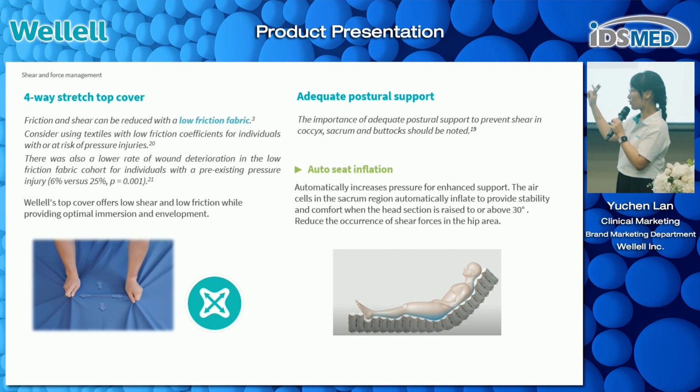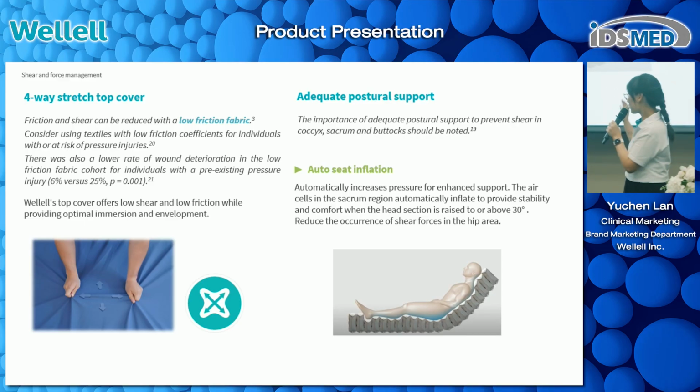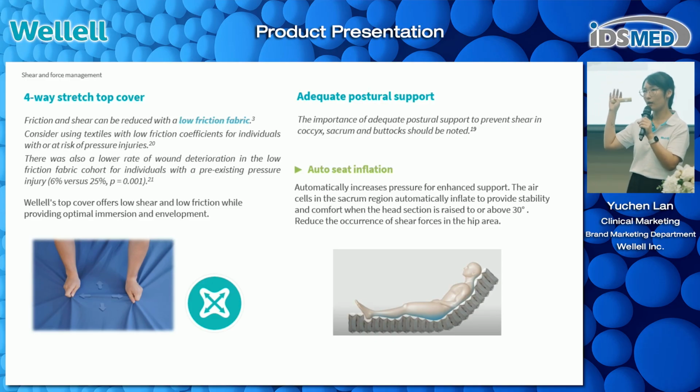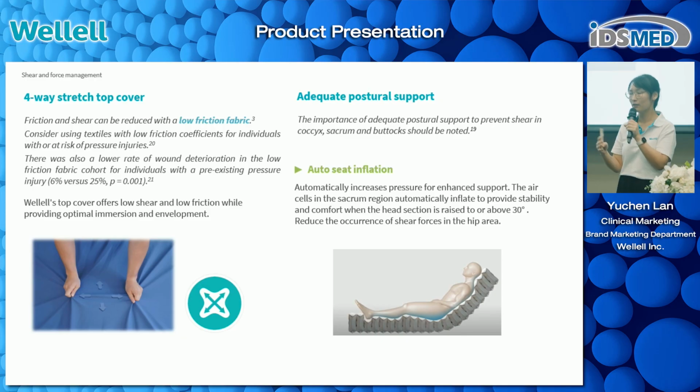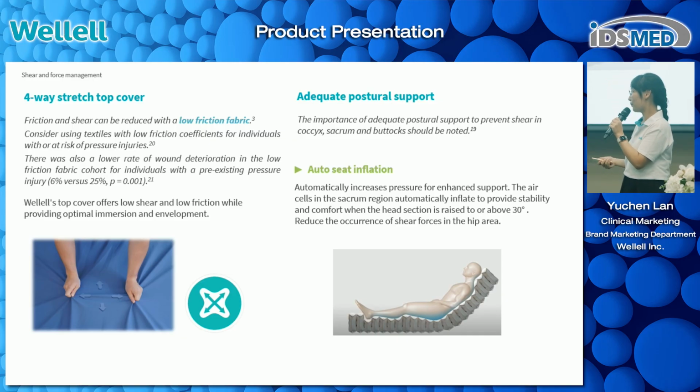And with the stretched top covers, it could assist in decreasing friction and shear force. Of course, when sitting up, the auto seat inflation gives some pressure to support the patient. It could prevent the patient from sliding down. This also helps to prevent shear force. Okay, so these are some designs that we have for the mattress to improve pressure injury prevention.